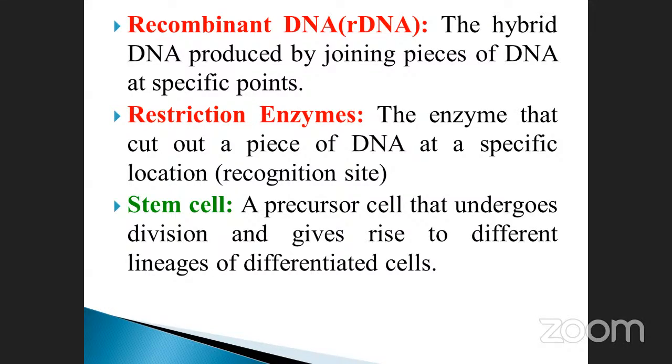What is the meaning of hybrid DNA? You can choose any 2 strains or any 2 plants or any 2 animals. The DNA molecules are united by the technique. After that, you will get a single strand structure with both genes present in it. That DNA is called, what is that?